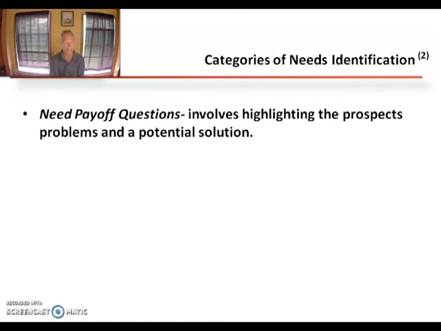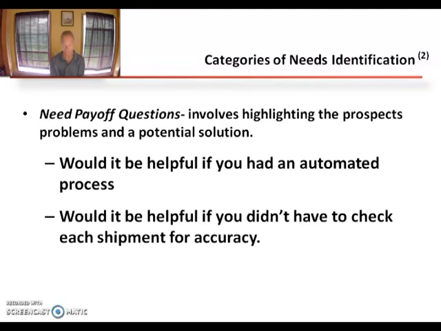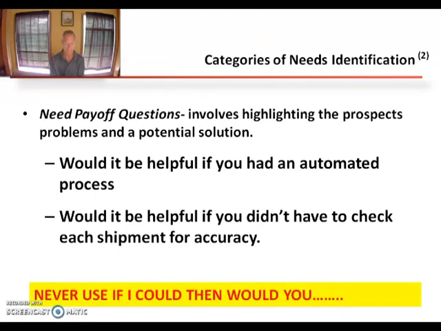And then finally, the need payoff question is a transition question. Would it be helpful if you had an automated process? Would it be helpful if I could show you how our solution can fit that problem? Would it be helpful if you had a solution that would prevent that problem from occurring?